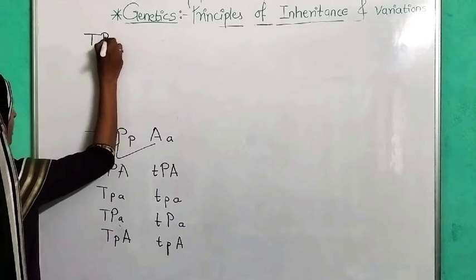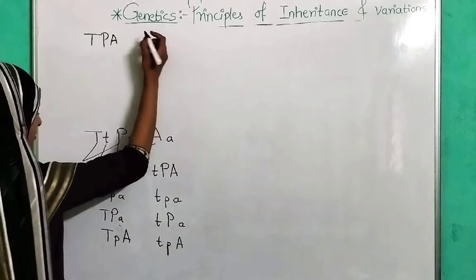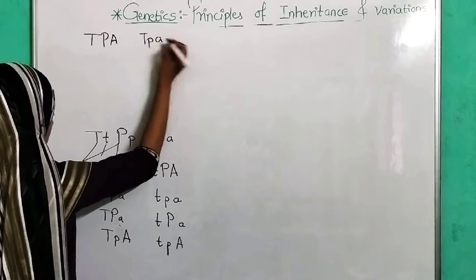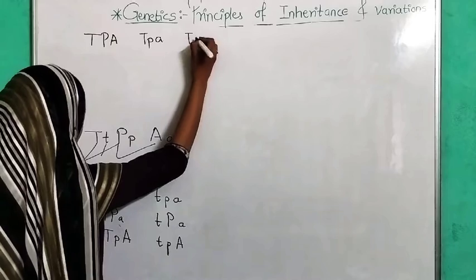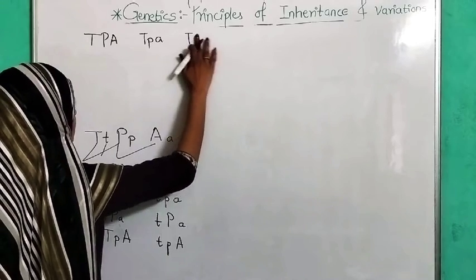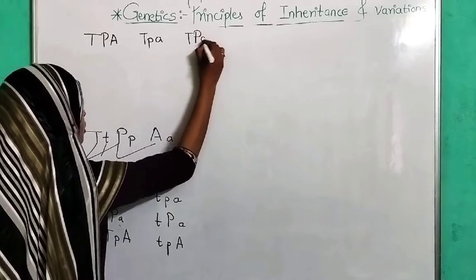Capital T, capital P, capital A. Capital T, small p, small a. Capital T, small p, capital P, small a.